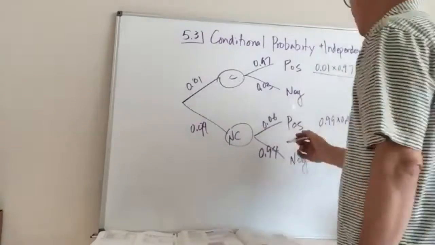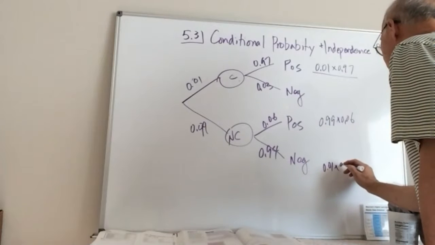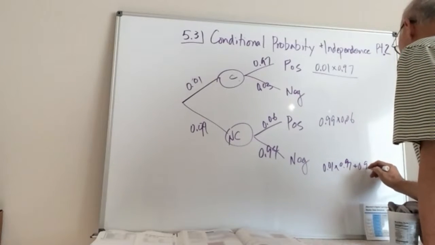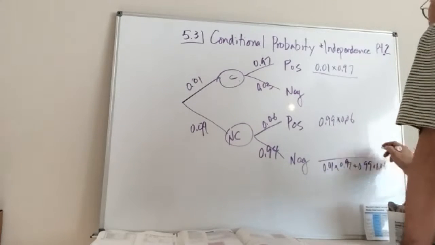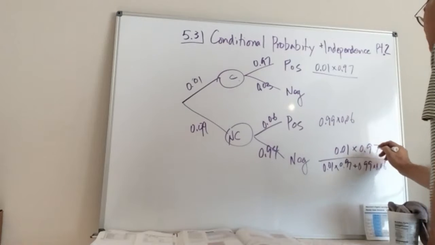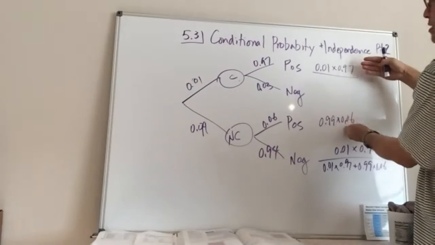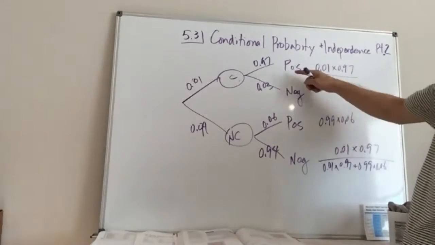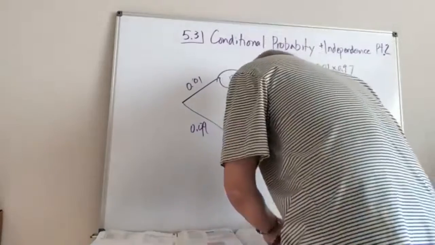So it's going to be 0.01 times 0.97 divided by 0.01 times 0.97 plus 0.99 times 0.06, because of the two positive ones, I want to know this guy here. Okay, so that's how that works.